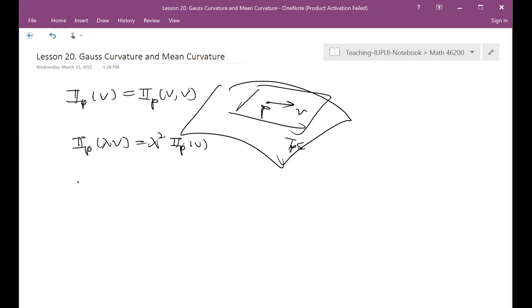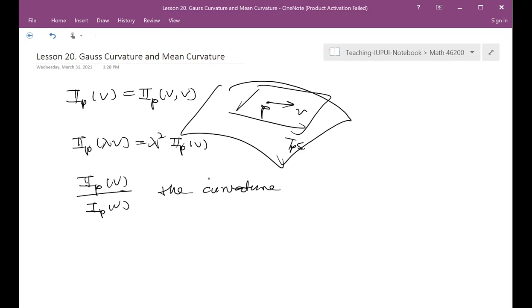So the geometric meaning of this second fundamental form is that you have to normalize it. When I normalize it, the length of v is given by the first fundamental form. This ratio is the curvature we call the normal curvature.